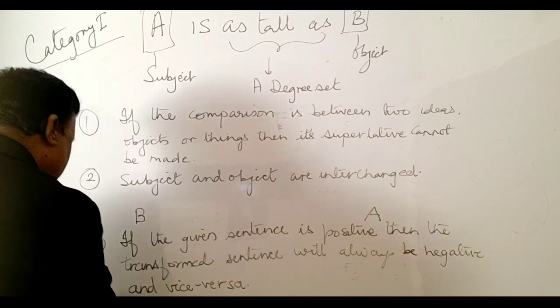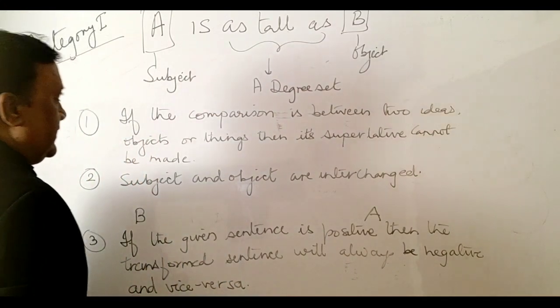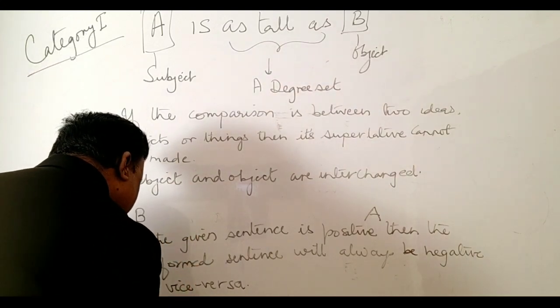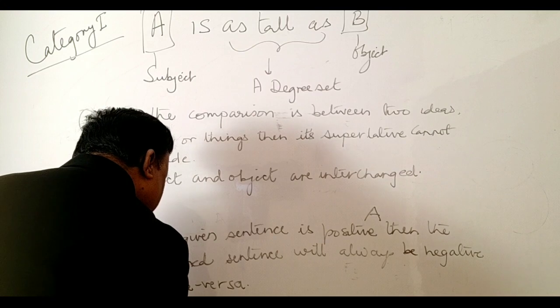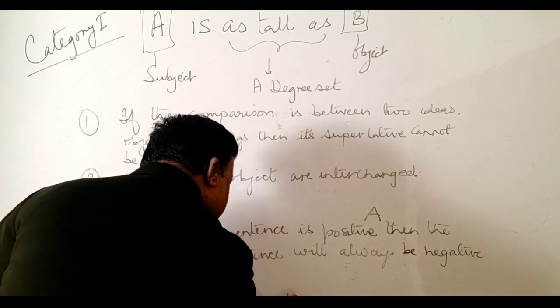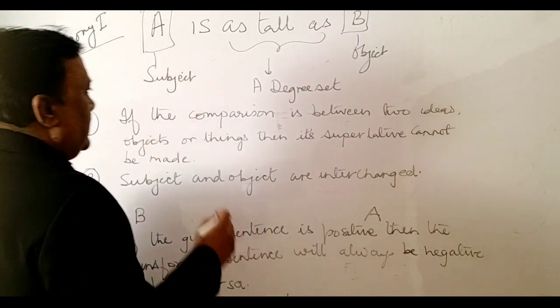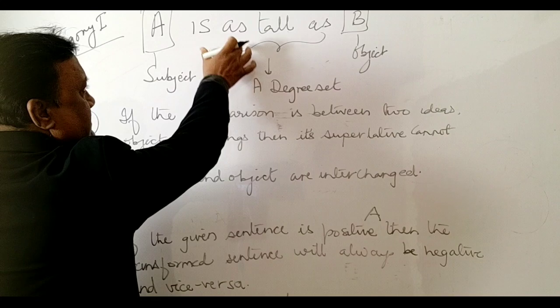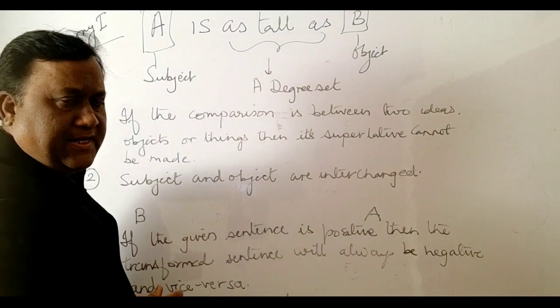And rule 4 says that change the degree set. So you look at this sentence. This is positive since no, never, not is not there.